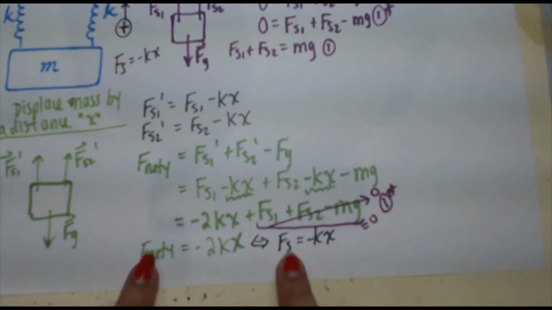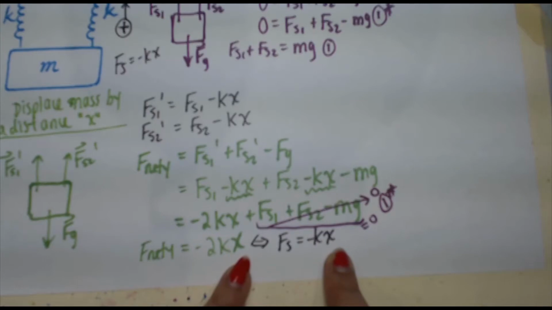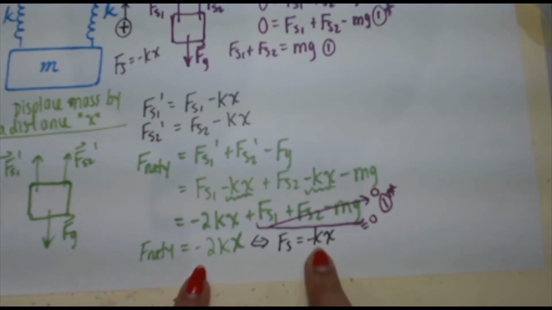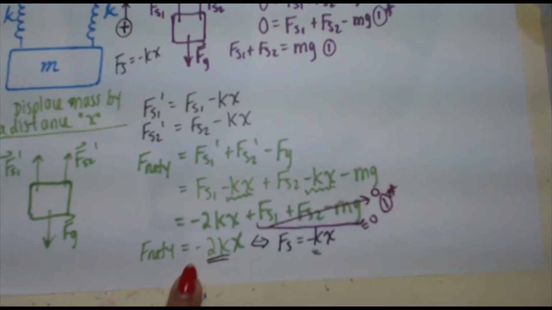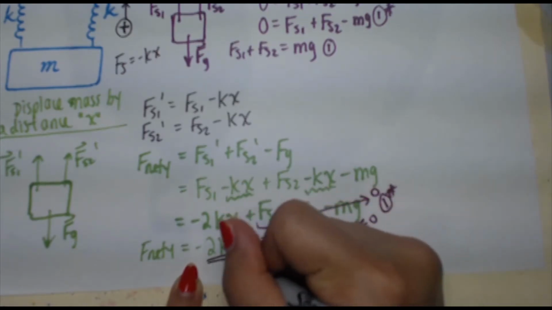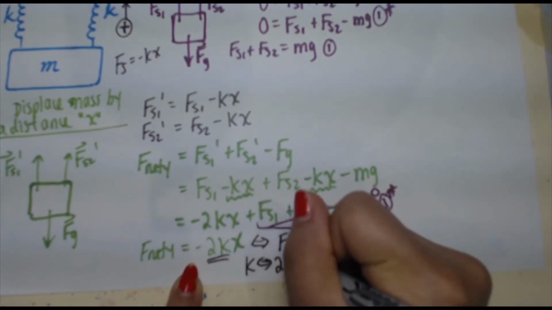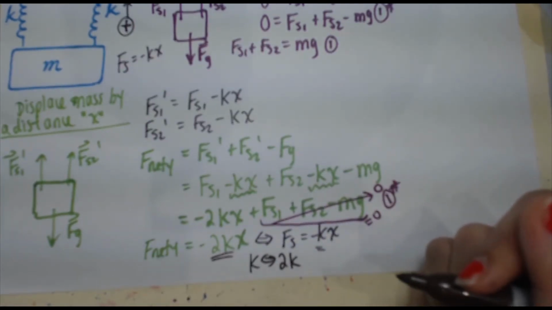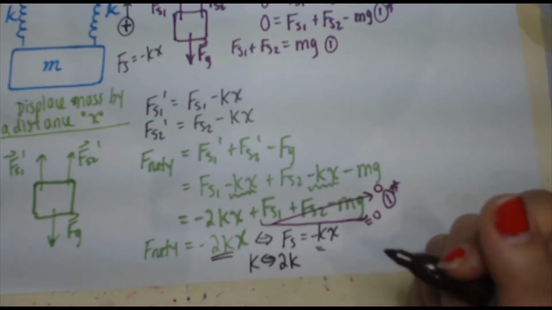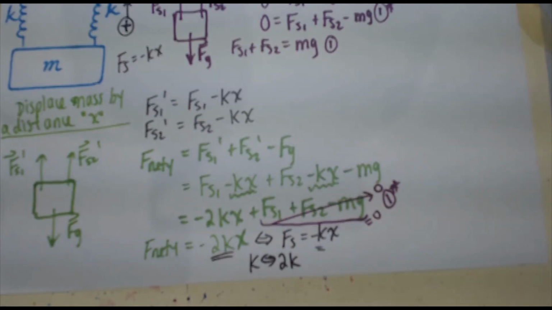In this case, we're assuming the net force to be the spring force. x is the displacement in both cases. So how did the value of k differ? Well, k doubled. k became 2k. k doubled when you added an additional spring. So it didn't become k squared. It didn't become like an exponential.